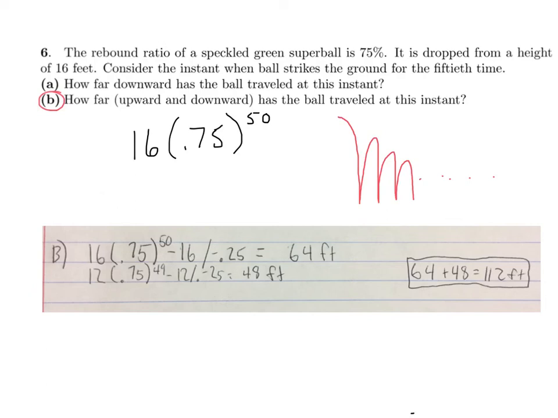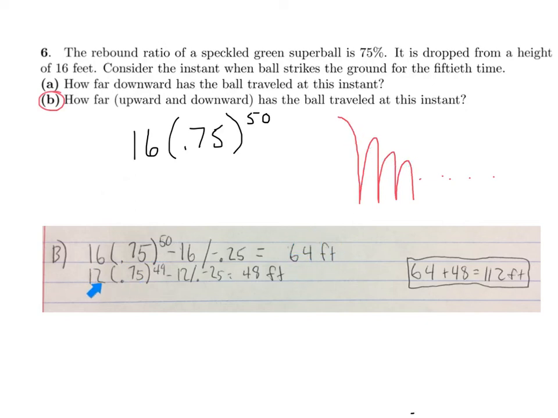So this group used their geometric series formula twice. The first one is for the downward, because we start at 16 feet here. And then do the 50th power, because that's the 50th bounce, minus the first one, divided by the parentheses minus 1. That gives you 64 feet for the downward.